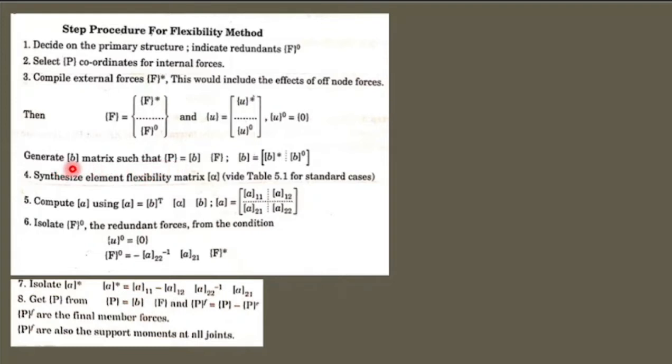You should multiply these two, and to find the final force, you take the P matrix here minus P suffix F. So this is the fixed end moment. So you will be getting the fixed end moment if you subtract P matrix minus P suffix F. Follow the steps for all the cases. So let us take a problem and apply this one.